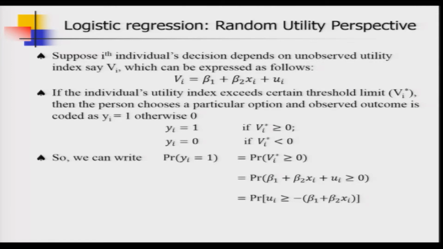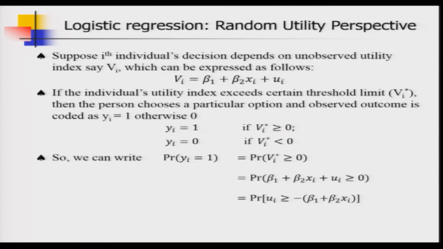We can see that if beta 1 plus beta 2 times x i plus u i gives a value which is greater than or equal to 0, then the person is going to go for this option, say purchase of health insurance coverage.